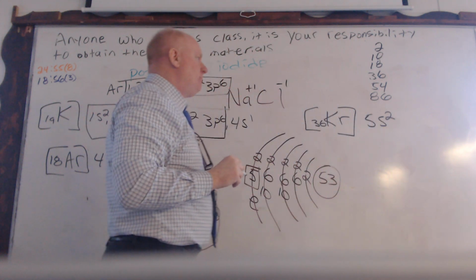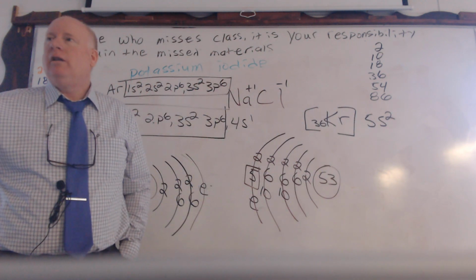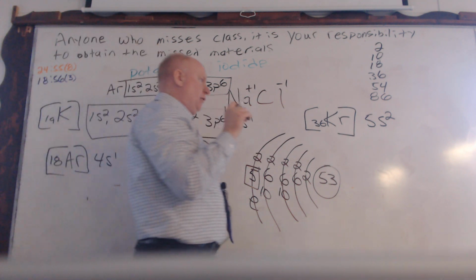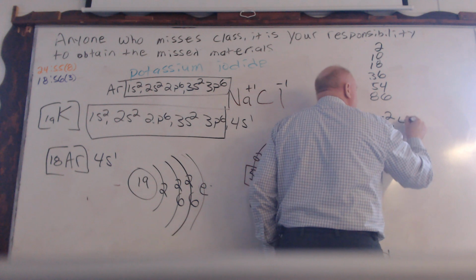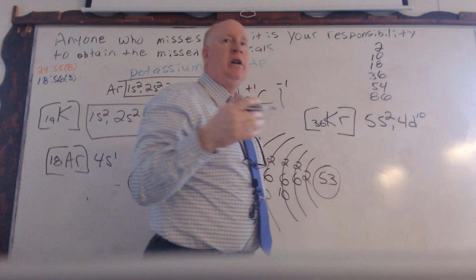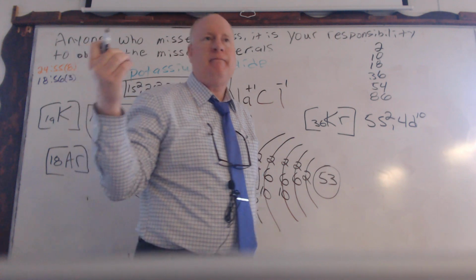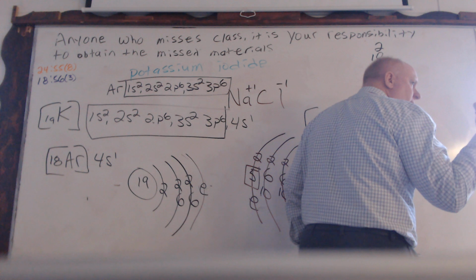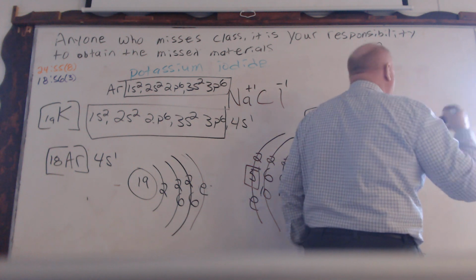Then what? Follow your slide rule now. 4d10. And what comes after 4d10? 5p5.